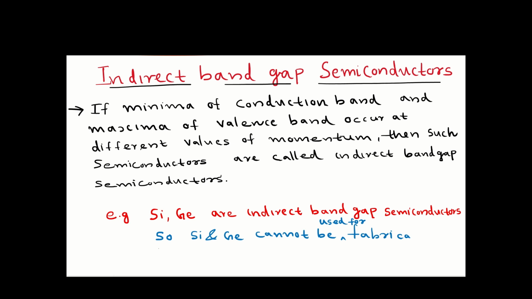So silicon and germanium cannot be used for the fabrication of light emitting diodes. Okay, so the examples for direct band gap semiconductors are gallium arsenide, gallium phosphide, gallium nitride, and etc. So remember, silicon and germanium are the indirect band gap semiconductors. These are not used for the fabrication of LED.